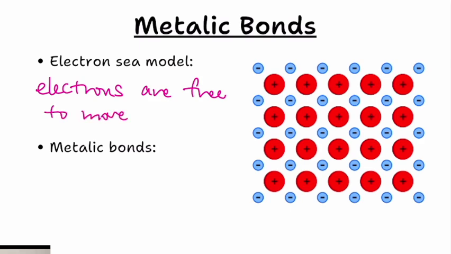Due to the delocalized electrons, metals are good conductors of electricity, whether they are in the liquid or solid phase. And when we refer to metallic bonds, it's actually the attraction between the metallic cations and the delocalized electrons.